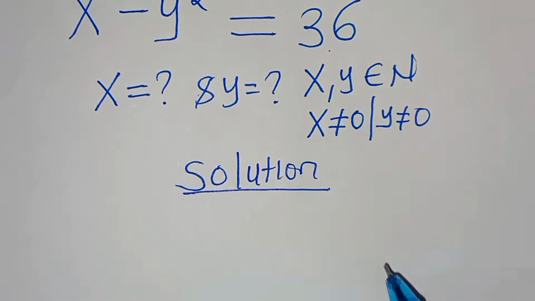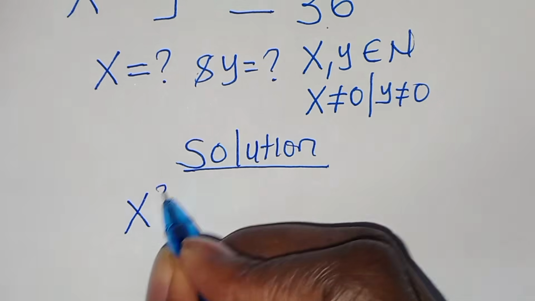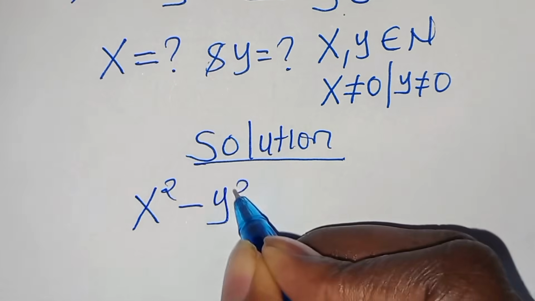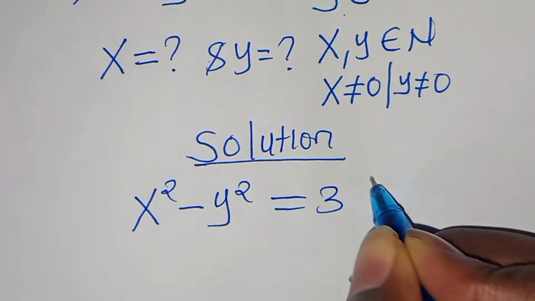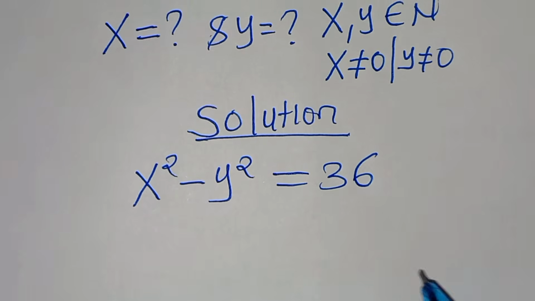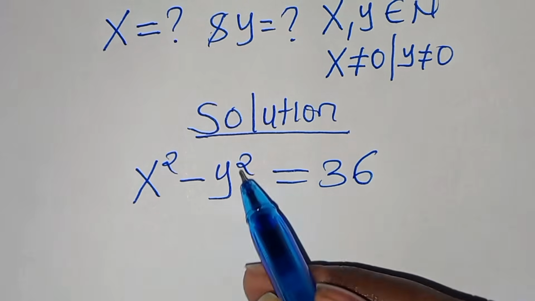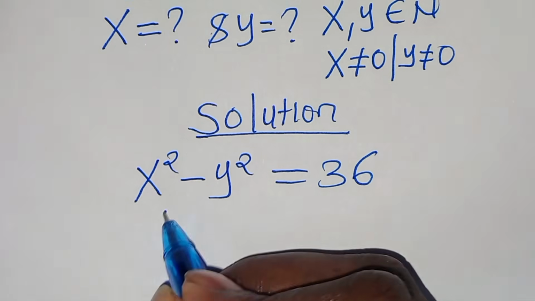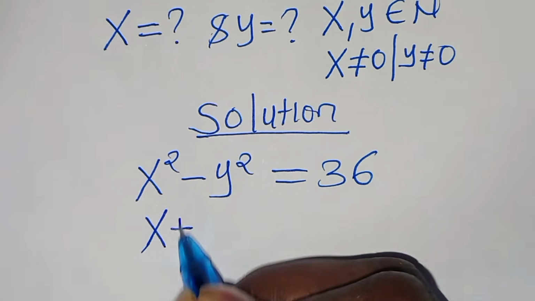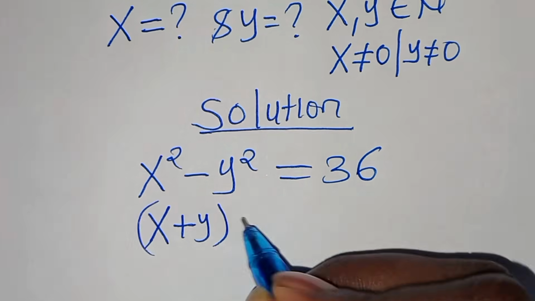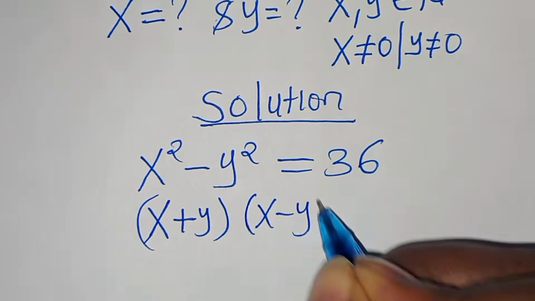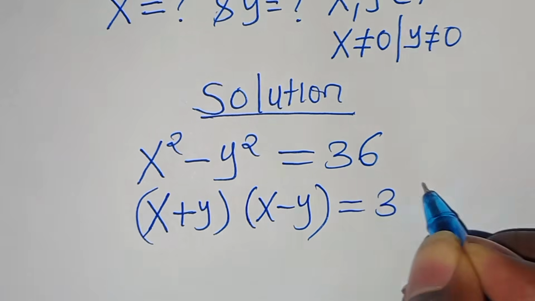Now, x squared minus y squared is equal to 36. This is the difference of two perfect squares that you can express as x plus y times x minus y, equal to 36.